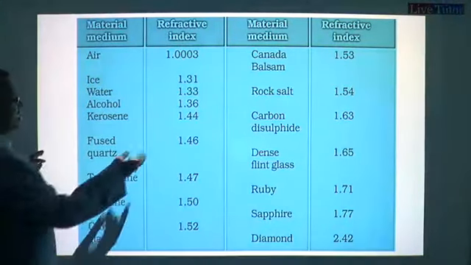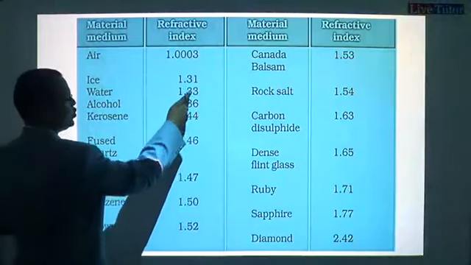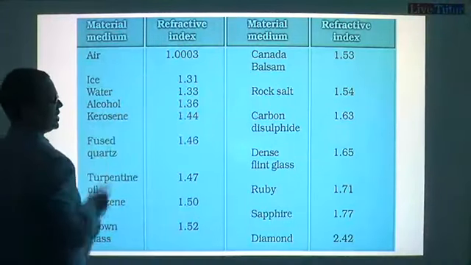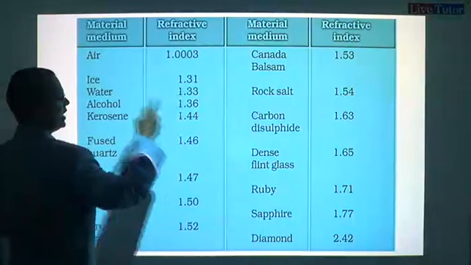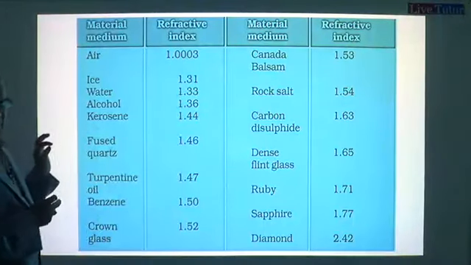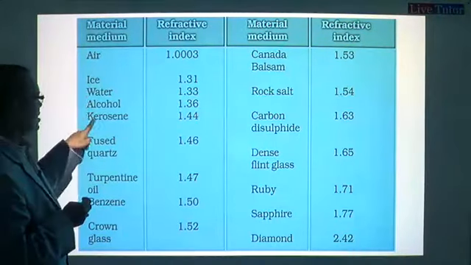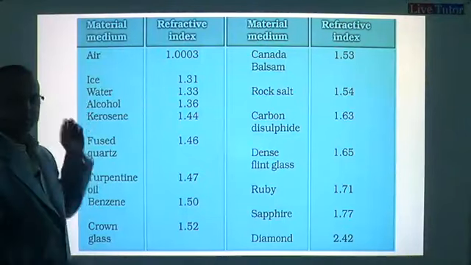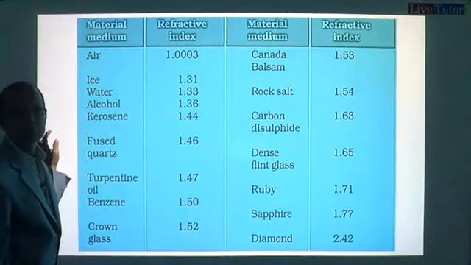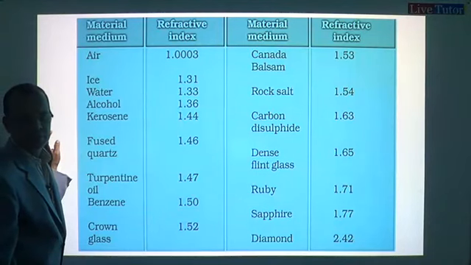Now you compare this. Can you tell me what do you infer from these two values? Water and kerosene. Whether the density of water is higher or density of kerosene is higher. Quickly.